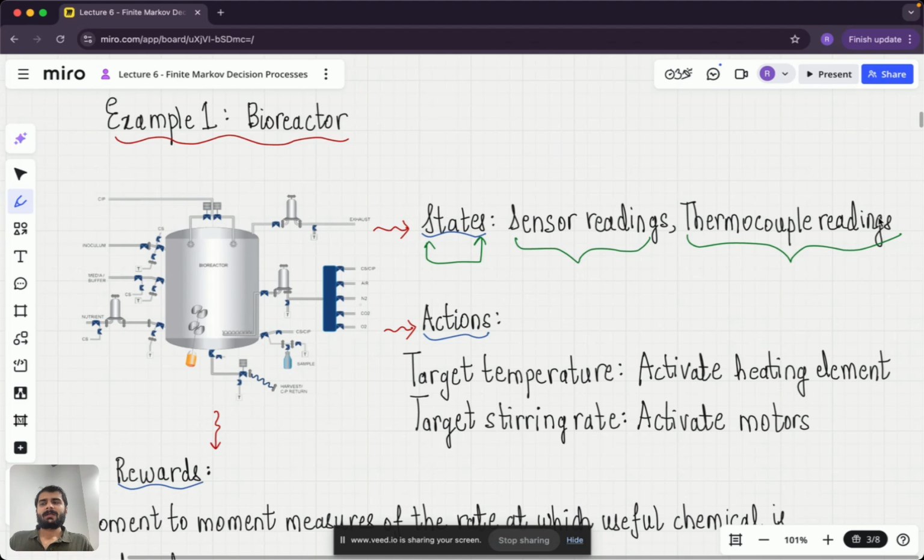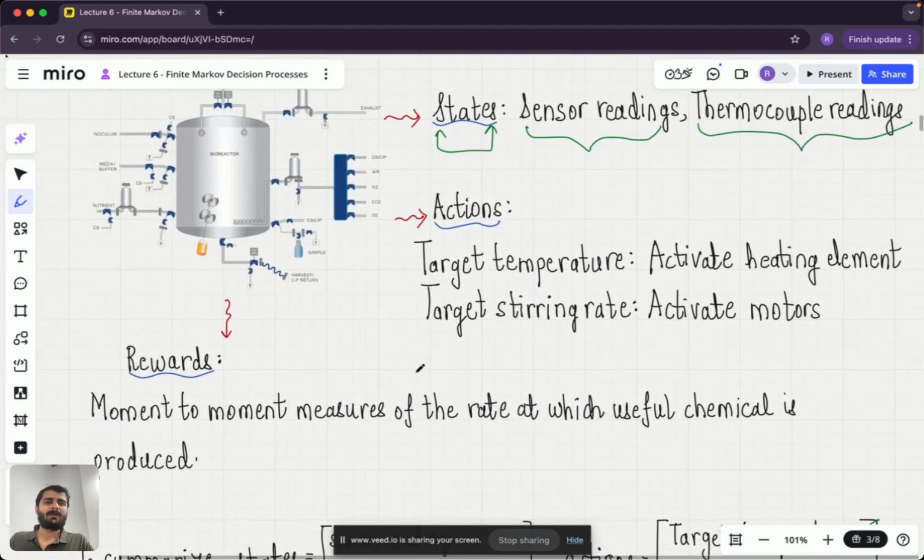The actions are the target temperature and the target stirring rate which I am reaching within the bioreactor. So, to achieve the target temperature, I will turn on my heating element and activate my heating element. To achieve a target stirring rate, I will activate the motors within the bioreactor. So, these are the type of actions that I will take based on the information that I get from the environment. And what are the rewards?